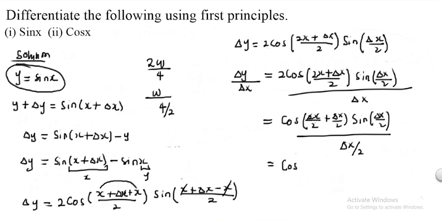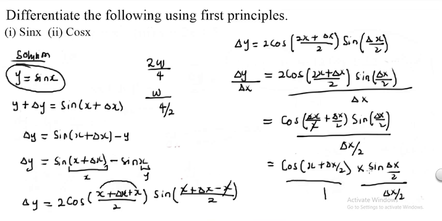The 2 cancels out the 2 here. It becomes x plus delta x over 2 times sine of delta x over 2 divided by delta x over 2. Okay, so this can be written as divided by 1 here. This is still the same thing as this. Let's clean up space and continue our solving.